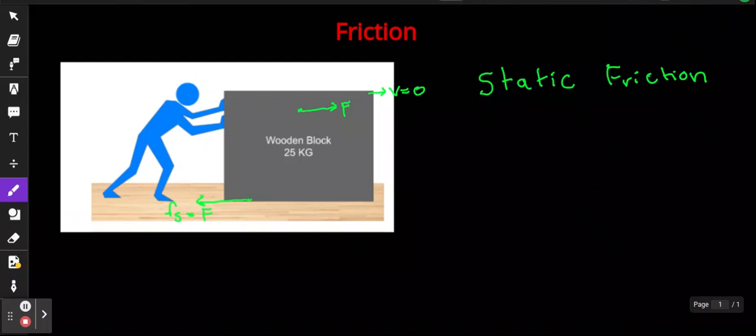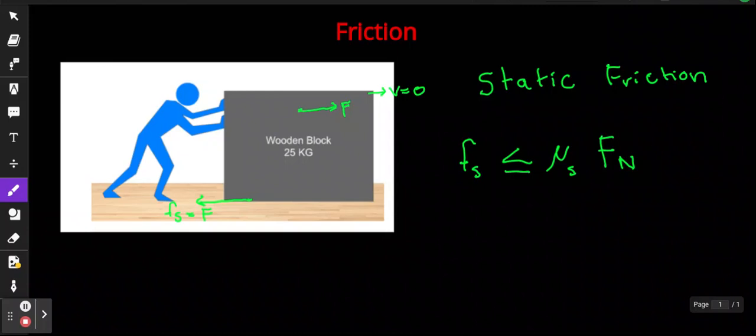So the way we represent static friction as an equation is F of static friction is less than or equal to mu sub s times the normal force of the object. So what this means is that for every surface, there is a maximum force that we can exert on it before the object starts to move.